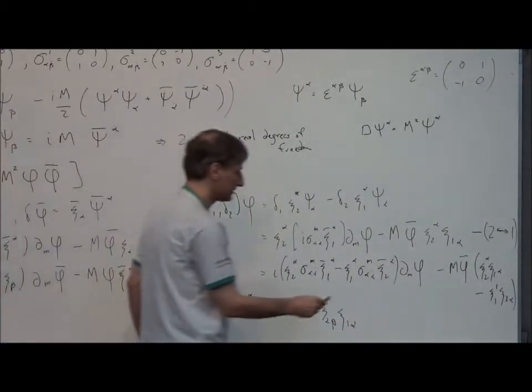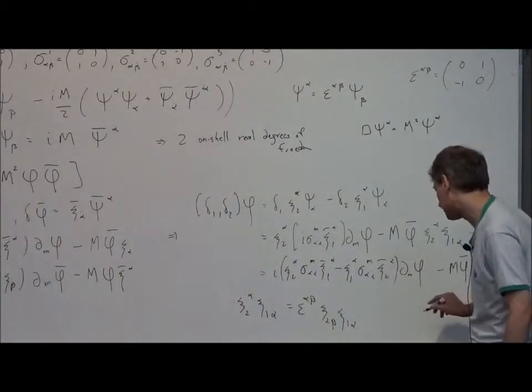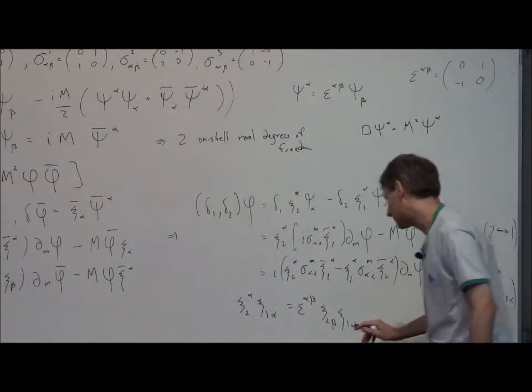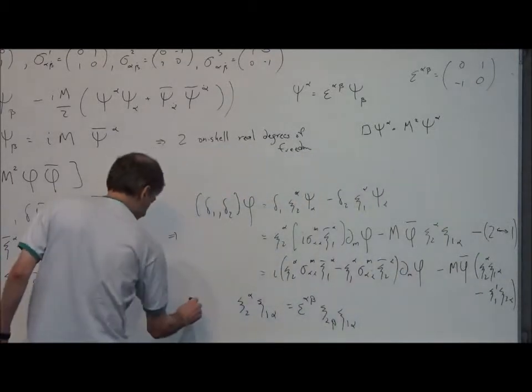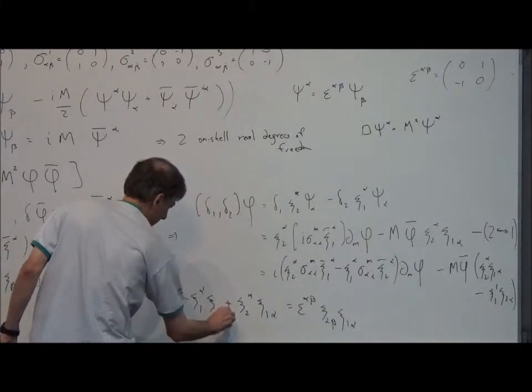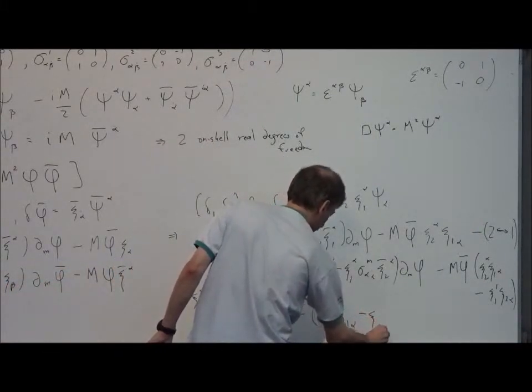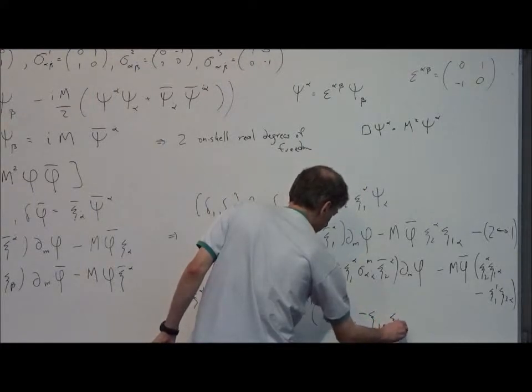So this here is just the difference of this with this. So this term here is equal to this thing minus C1 beta, C2 alpha.